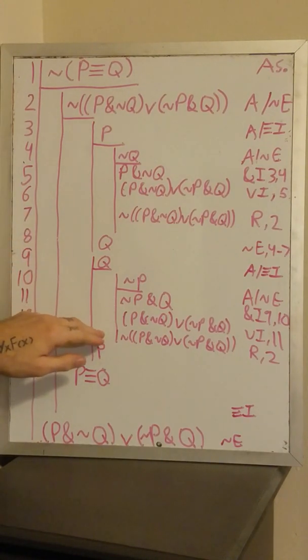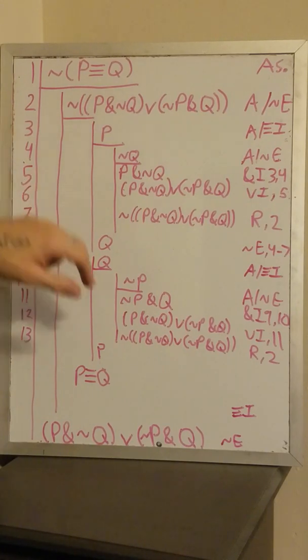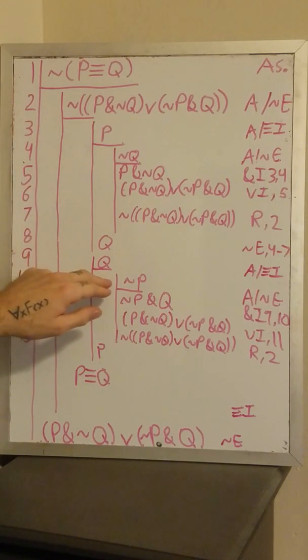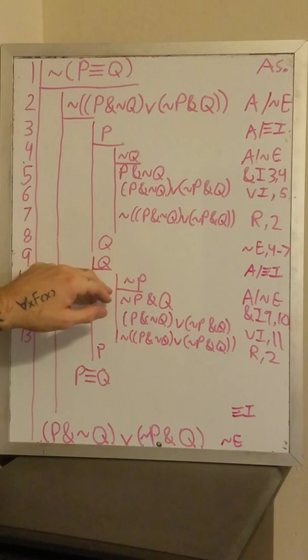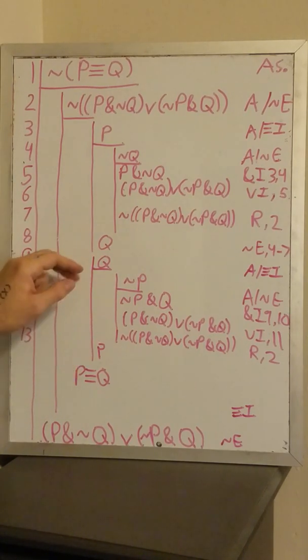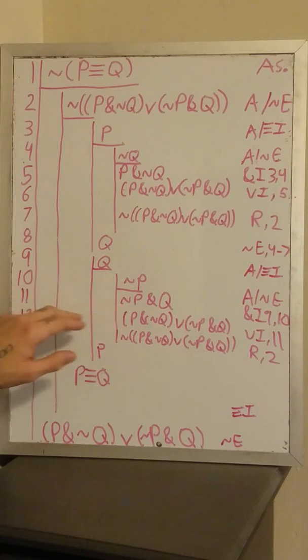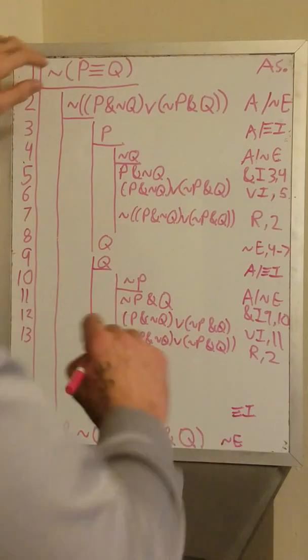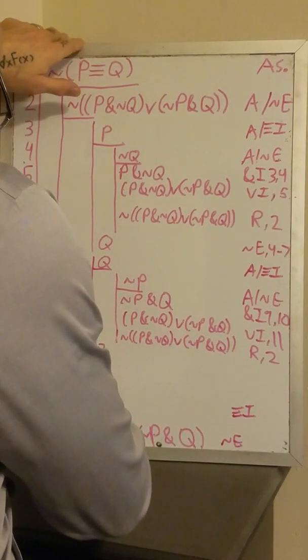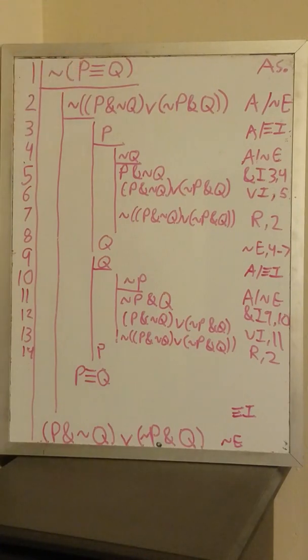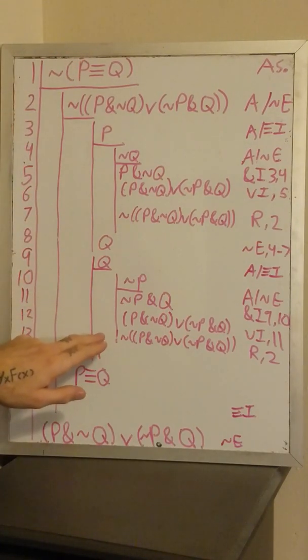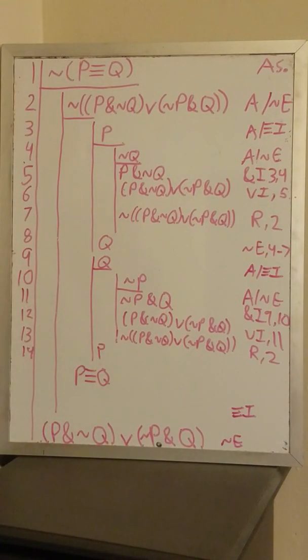And we've shown that we have two contradictory things side by side here, right? So on the assumption that Q, the assumption that not P gets us into a contradiction. So if Q, then P, right? So we have P here on line 14 by negation elimination, lines 10 through 13.